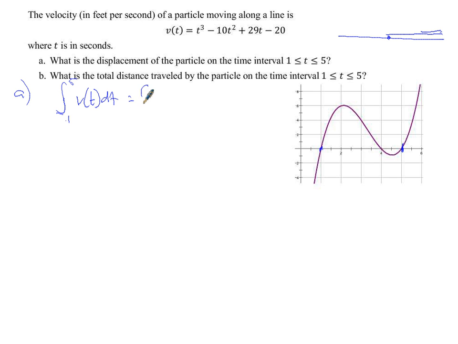Now I can go integral from 1 to 5 of, since I'm given a function, t to the third minus 10t squared plus 29t minus 20. All of that has dt on it. So now I can integrate. This is good practice.